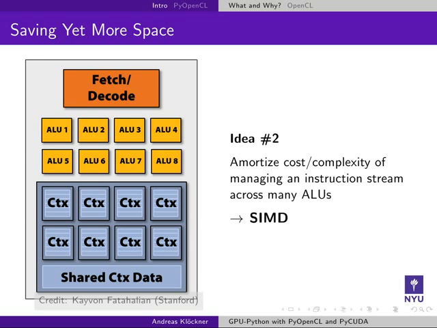In addition, there's an opportunity to not just have context that's private to each ALU, but also context that is shared across a number of ALUs. So that's a natural thing to happen along.